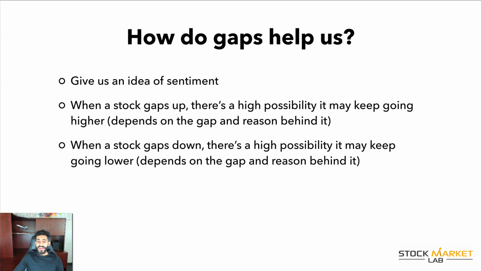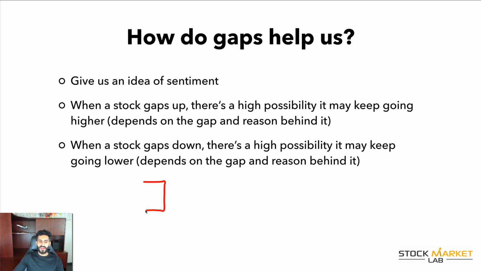Next, when a stock gaps down, there's a high possibility that it may keep going lower, right? That also depends on the gap and the reason behind it. Just because a stock is gapping a certain direction doesn't mean it's going to continue that. It needs to have a solid reason behind it and depends on the reason.